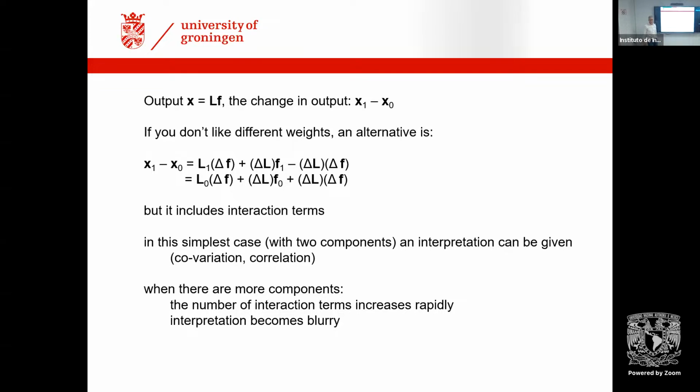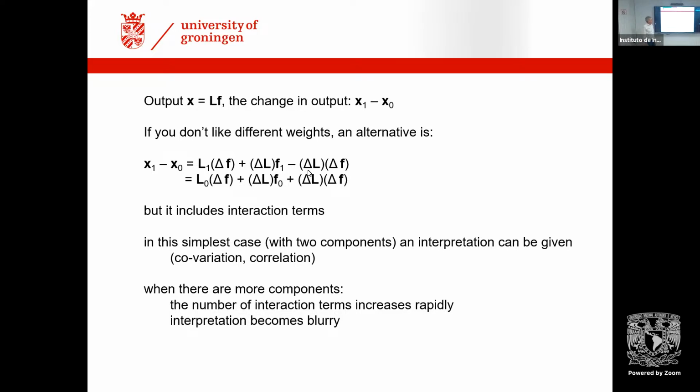But if you work this out, it means that the equal sign is only really equal if you take so-called interaction terms into account. And in this simple expression, I can think of an interpretation in terms of the amount in which these two changes correlate with each other, the way in which the two variables co-vary together.